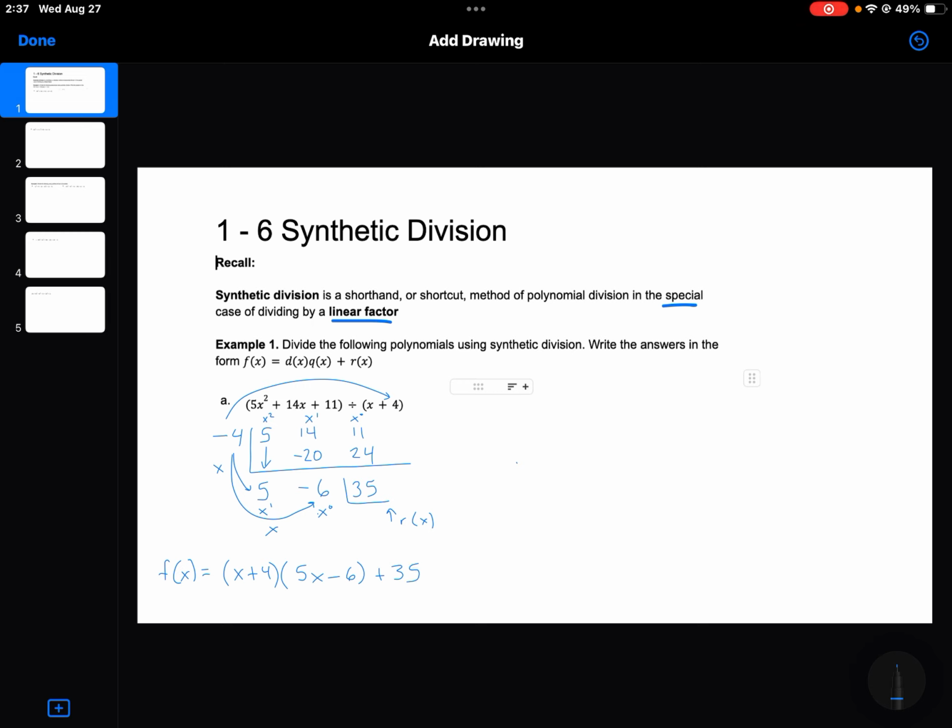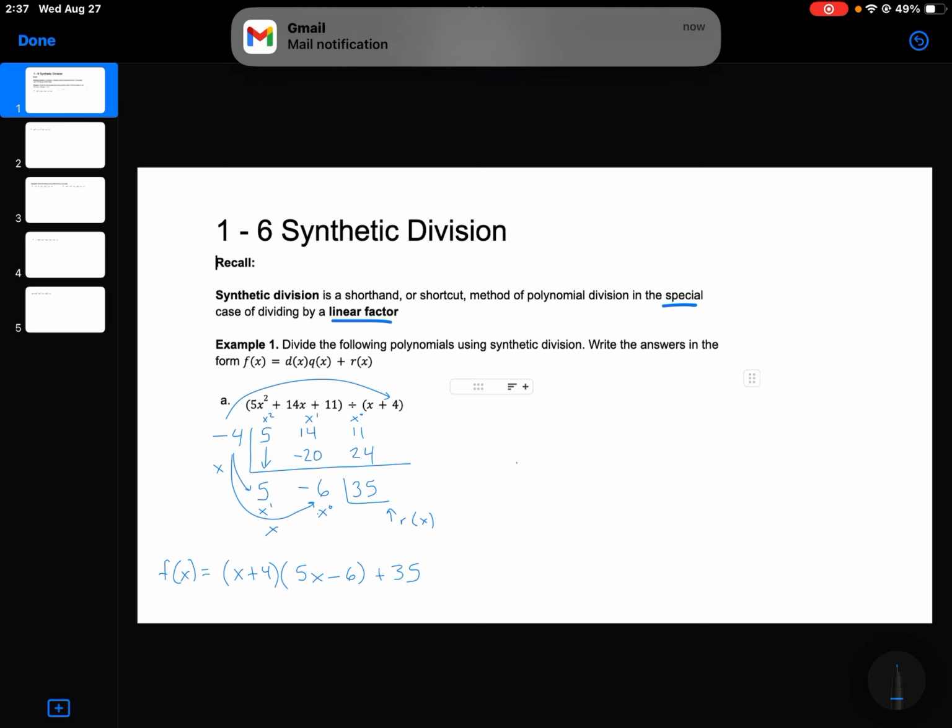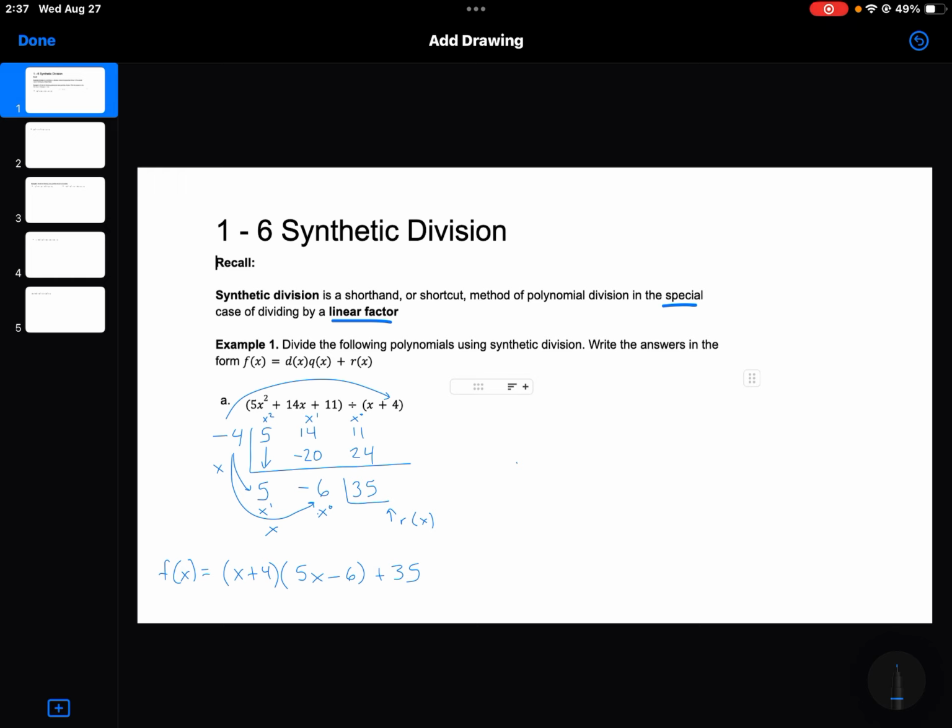So let's check this on our first example using regular long division. I'm going to put my dividend underneath my square root bracket, and then I'm going to put my whole binomial, my divisor, outside. First thing I'm going to do is take my first term and divide it by the first term in my divisor.